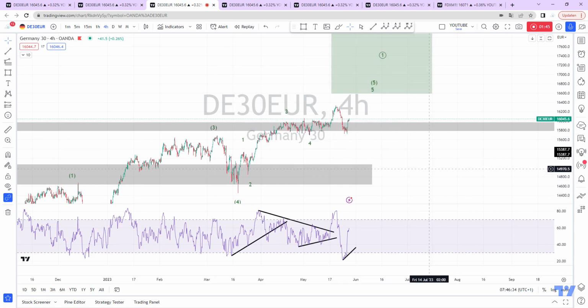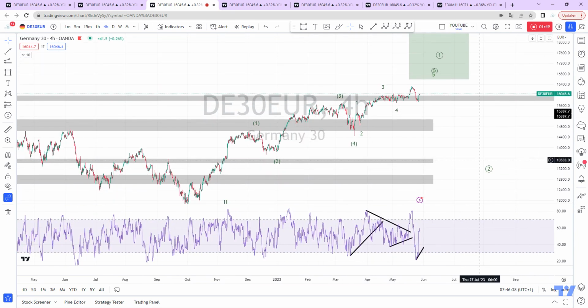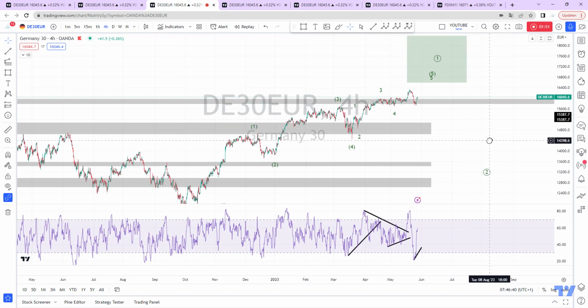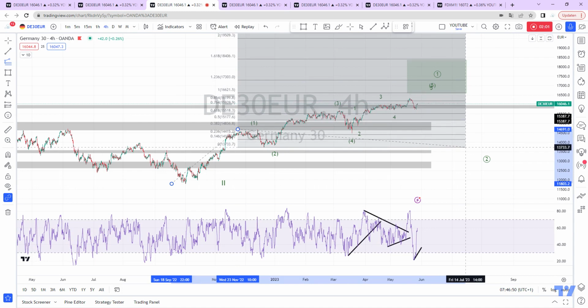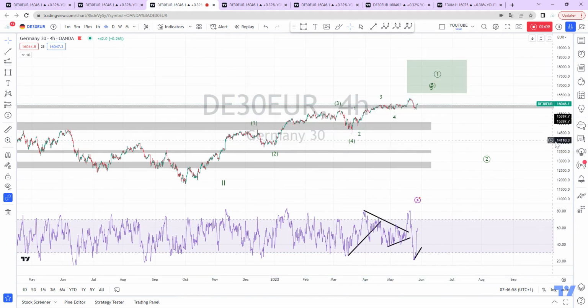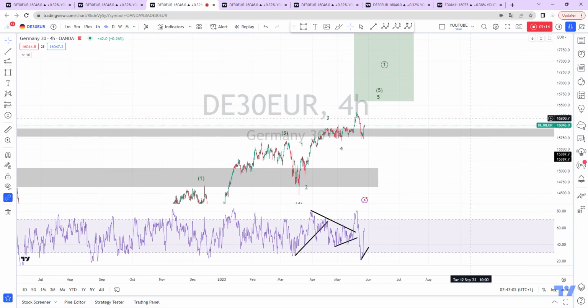No, excuse me, I'm wrong. It's the wave 1 and 2 of the higher degree, of course. Here like this, the 1 and the 2, you see the 1 and the 1.618 Fib extension. This is an interesting area to monitor, but we are not there yet.